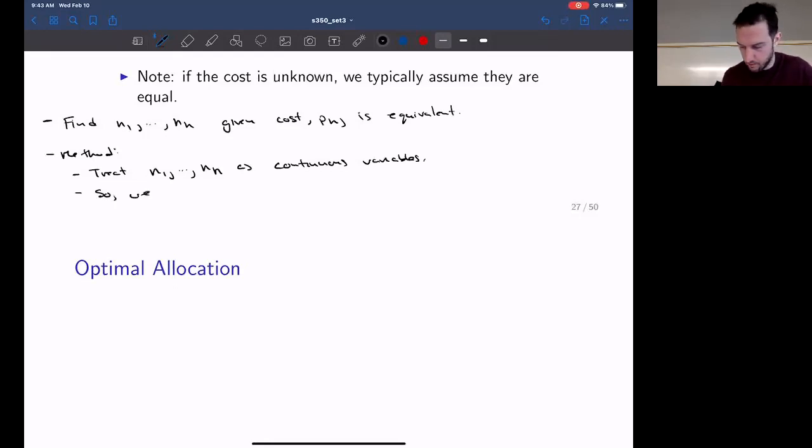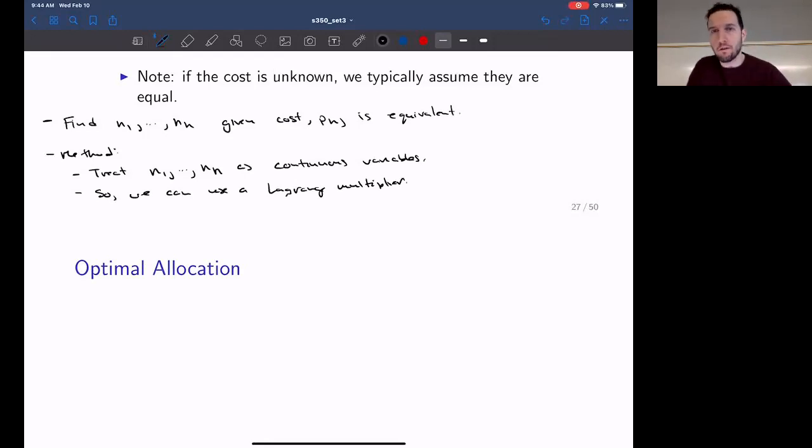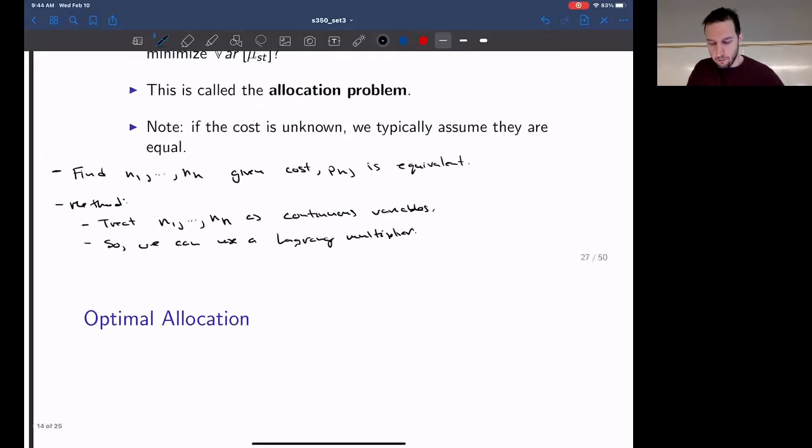So we can use the method of the Lagrange multiplier.